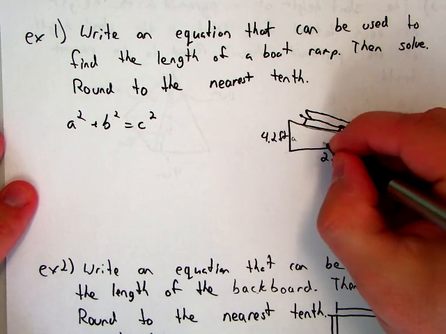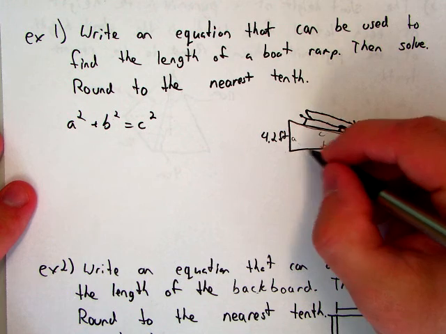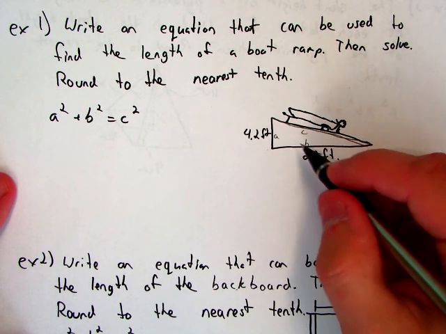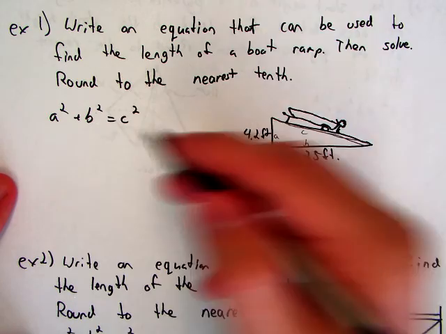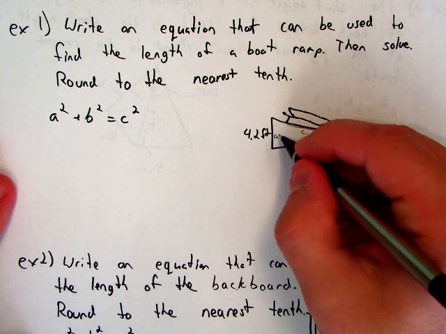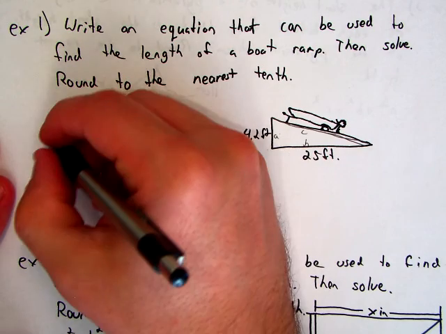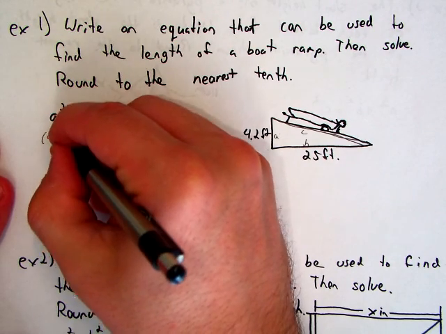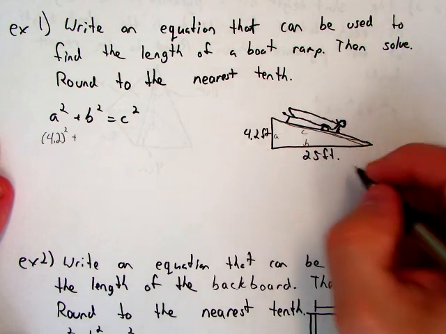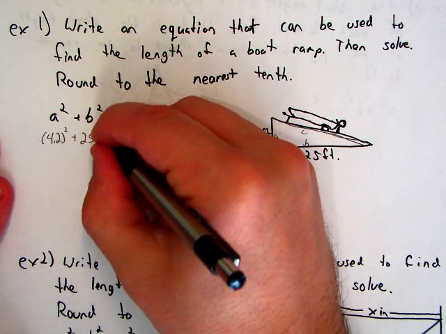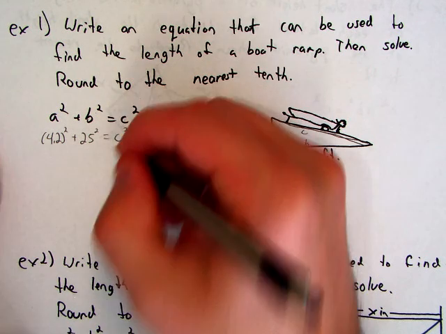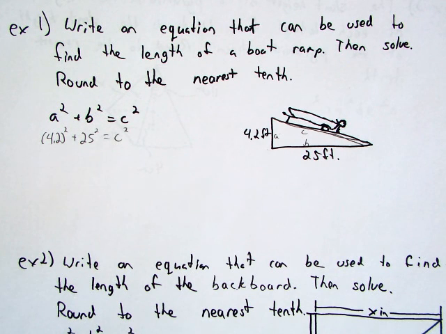So I'm going to substitute each one of these three numbers, this one I don't know, in for these variables. So 4.2 is going to be represented by A, so I'm going to do 4.2 squared. 25 is represented by B, so 25 squared equals C squared.